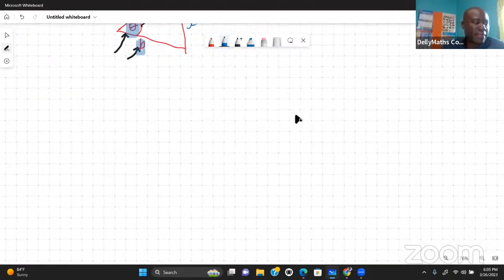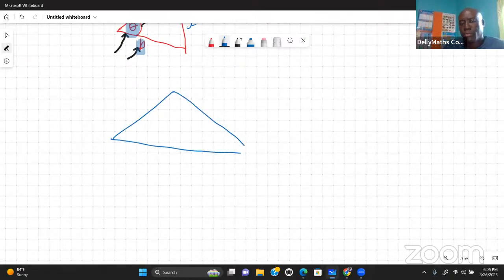Now, let us say that it's still not a right angle triangle, and we don't have an angle between two sides. For example, let us say we have this side here, and we have this angle here. For some reason, we don't know this side, but we do have the angle here.